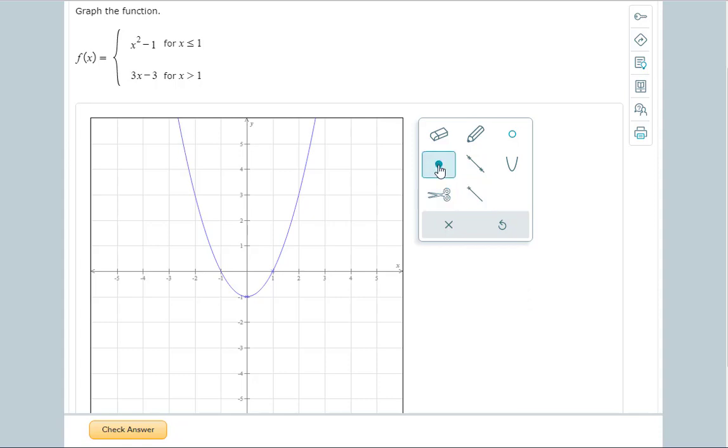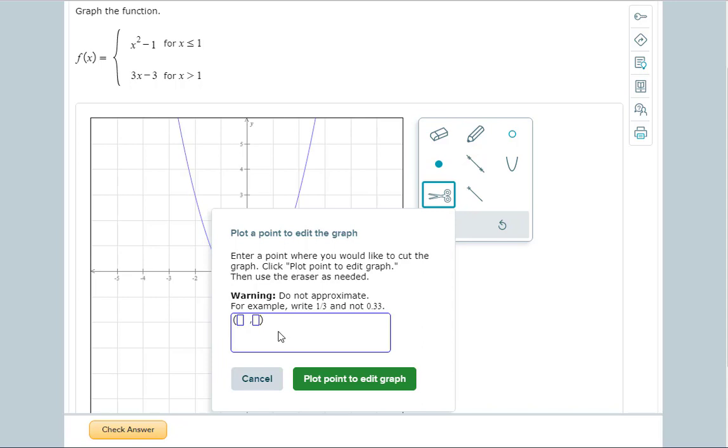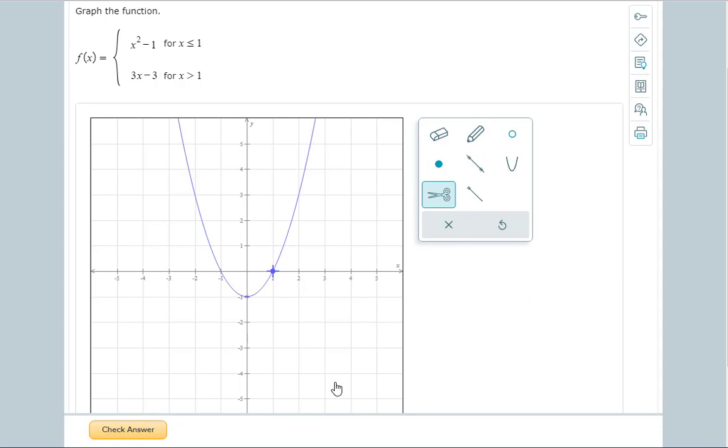So it needs to actually stop right there. So I need to chop off a piece. So I'm going to chop it at 1 comma 0. So I'm essentially putting a marker to cut. So now I can grab the eraser tool and I can erase that piece. So here's my parabola that goes up to 1.